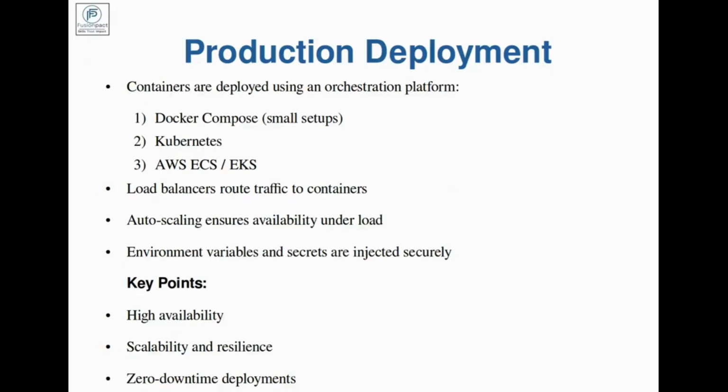Kubernetes is the other option, which is used by enterprise-grade applications. Load balancers are generally used to route the traffic to these containers. There is a whole separate section of networking to ensure that client requests are properly hitting the right container which contains the right code for that request.